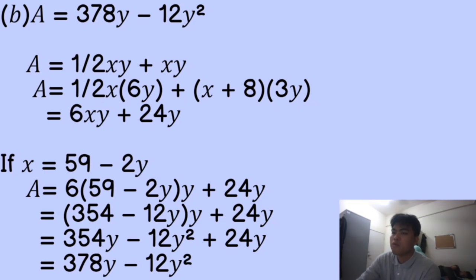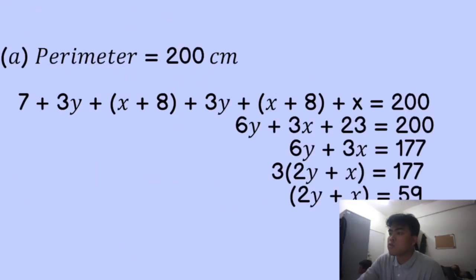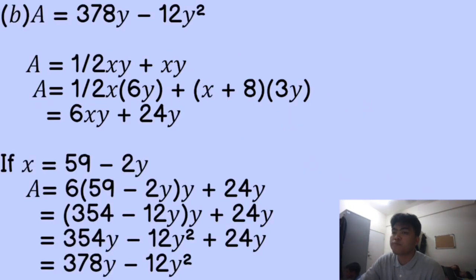After we got the answer, we need to prove the area. From the answer of A, x equals 59 minus 2y, and with the equation we got from above, which is 6xy plus 24y, we insert the x value into the x.